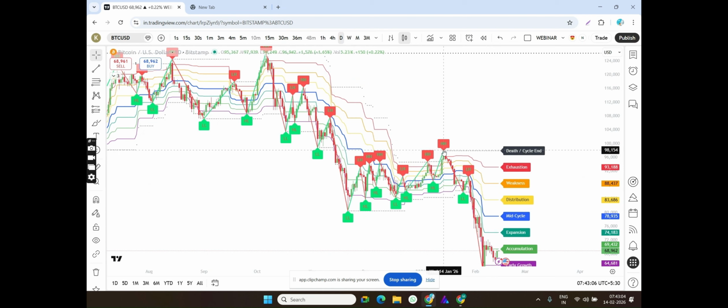This higher high was very near to the lower low here. This lower low is 98,898 and this high was 97,939. So we could not cross that, so it was weak.